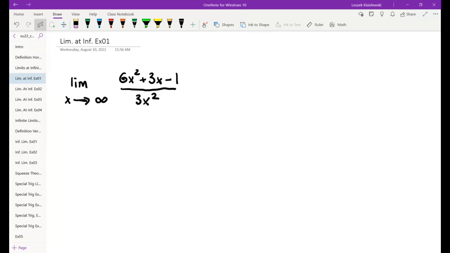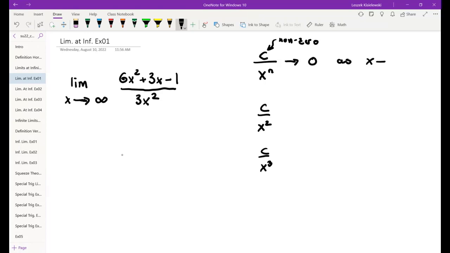So what we want to take advantage of when finding limits at infinity is the fact that if you have a non-zero number divided by x, and in fact any positive power of x, could be x squared, x cubed, it doesn't matter, we see that this will go to 0 as x goes to plus or minus infinity.